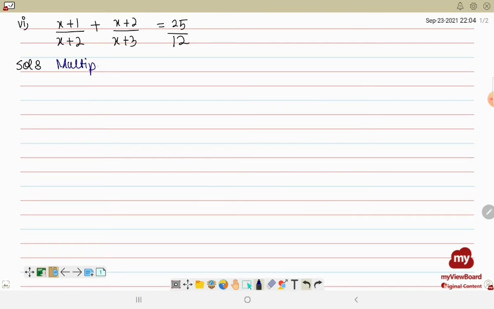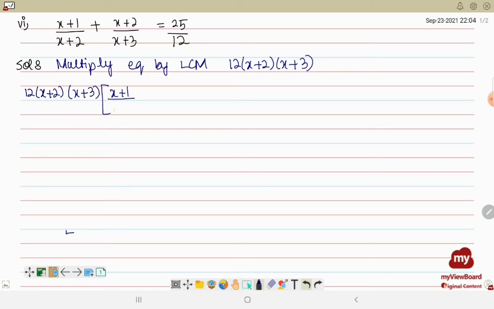You see the procedure in all these sums is the same. Multiply the equation by the LCM. Here the LCM is 12(x+2)(x+3). Why are we multiplying the whole equation by the LCM? So that we can get rid of these denominators in the very first step of working.